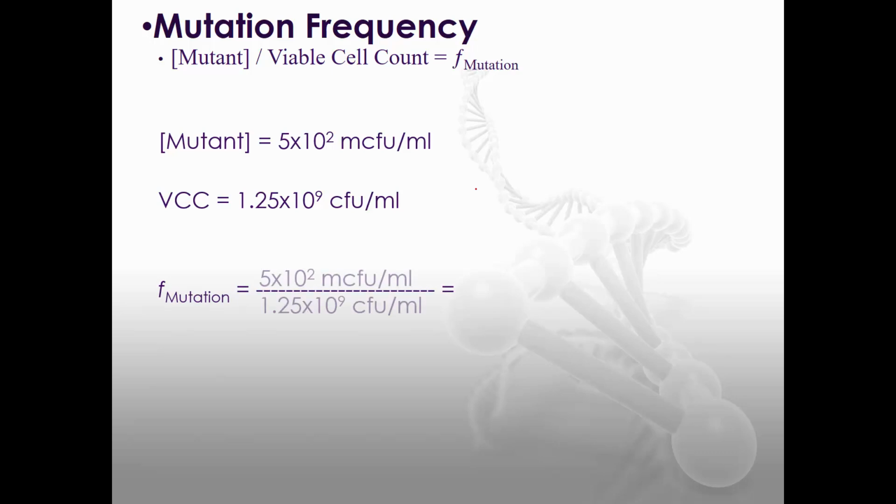For mutant frequency, we want to divide the small number by the big number, the concentration of mutants by the concentration of cells. If you get a number bigger than 1, it should tell you there's a problem, because mutants are cells.